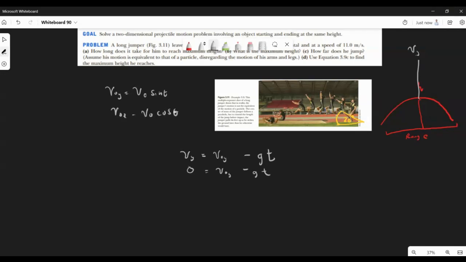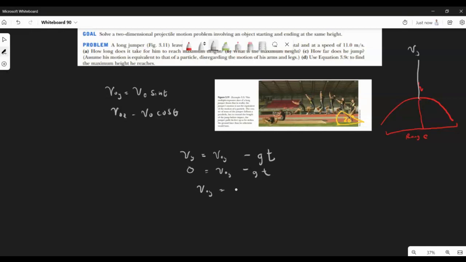I want you to be very aware of the difference between Vy, which is the actual velocity, and Voy, which is the component part of it. I want you to be very familiar with that, and obviously I explained that.